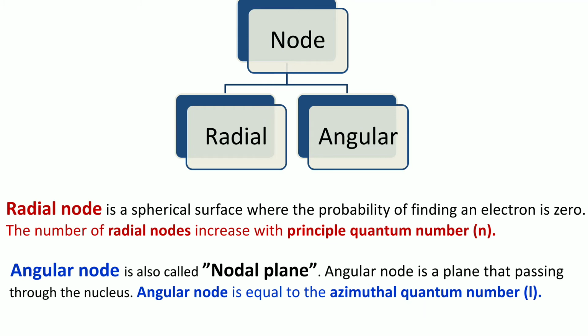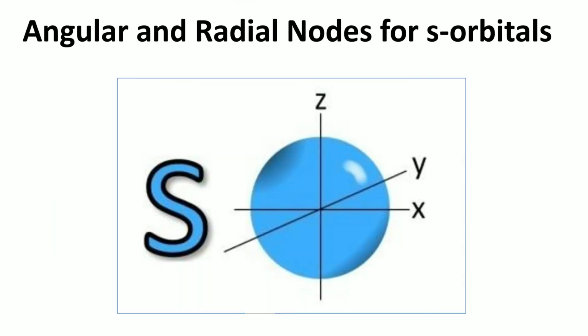Now how to calculate the radial nodes? One by one we will calculate the radial nodes and angular nodes for s, p and d orbitals. As we know, the s orbitals are spherical in shape. In reality all the s orbitals are spherically symmetric, that is, the probability of finding the electron at a given distance is equal in all directions.